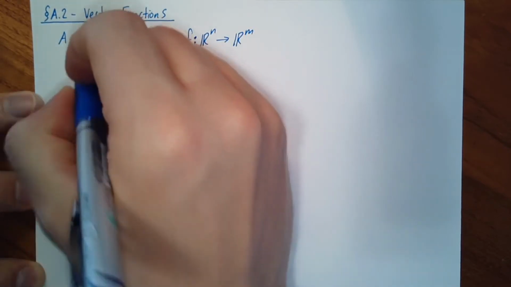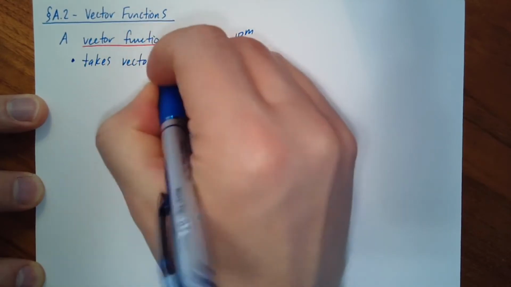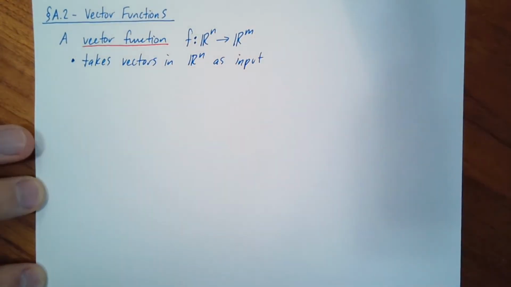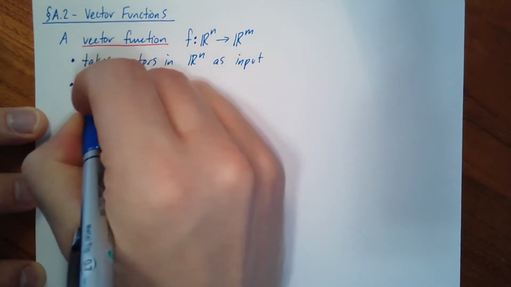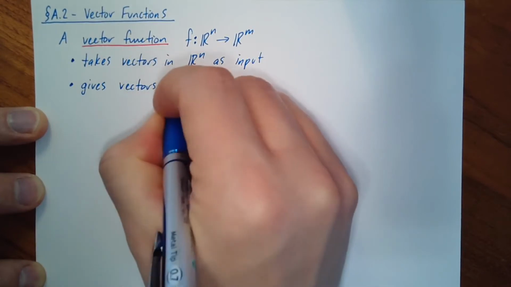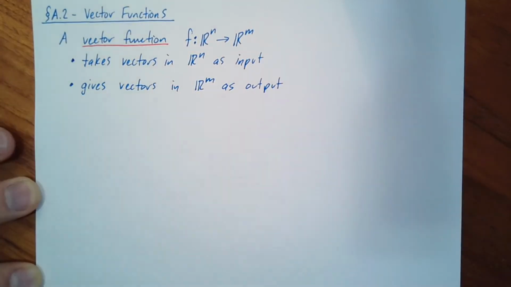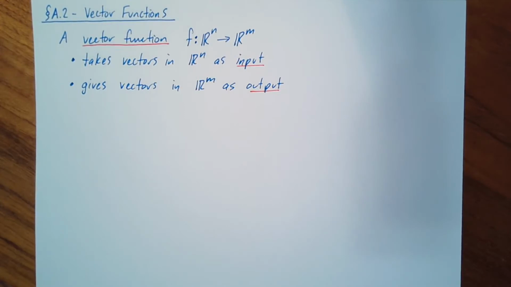So it takes vectors in Rn as input, and it gives you back vectors in Rm as output. And I'm not really defining the terms input and output here, but they are important parts of this comment that I'm writing down to start out, so I'm going to underline them because they're important. But because that's really what defines a function, the input and the output.